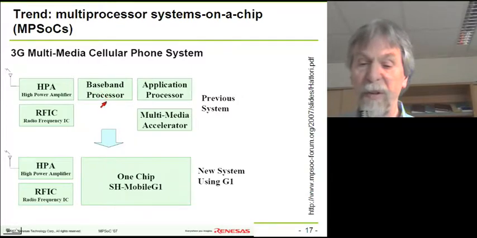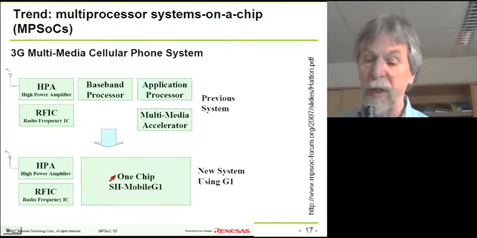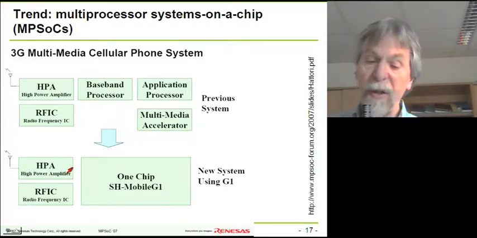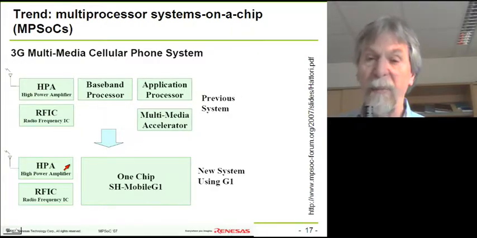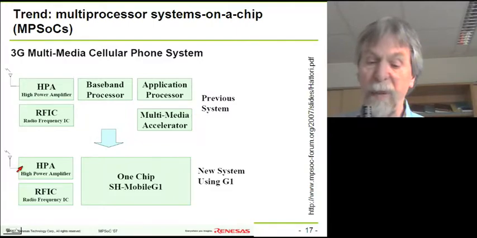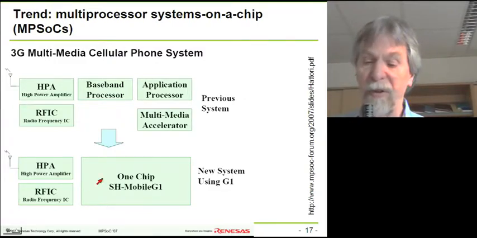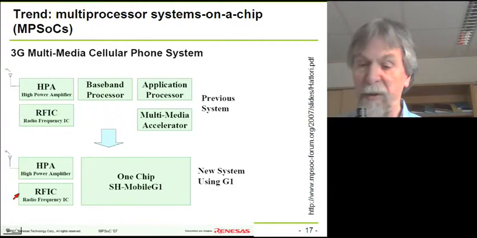So, for example, you see over here that the different processors, different accelerators have been made available on a single chip, and only those components that would provide some problems for a digital chip might still be integrated as a separate chip, and this applies to high performance, high power amplifiers, and also to radio frequency amplifiers that might cause harm to the digital components on that chip, and therefore in a number of designs these are still left as separate chips.